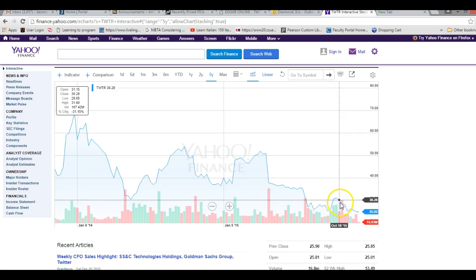When news came out in the first week of November that the company lost half their cash on hand, cash and cash equivalents, you can see the effect it had on the stock price right here. It went down a couple of dollars a share.